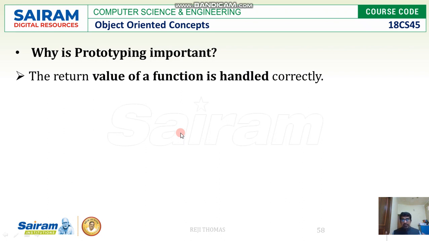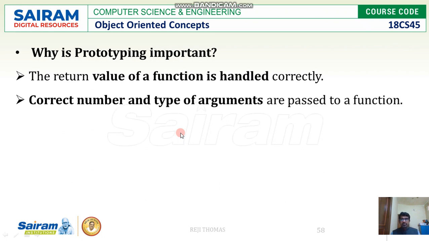When you say your function A is going to return an integer value, it's clear, so your compiler can handle this properly. This also makes sure that the correct number and type of arguments are passed to the function. You have to pass the correct type and correct number, and this we call the signature.